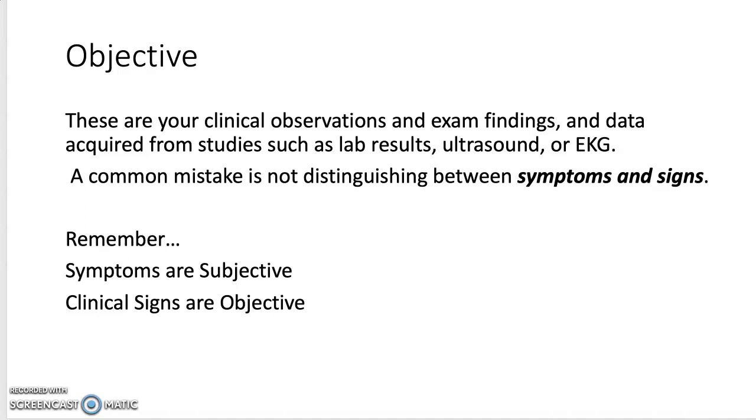An example of this is if a patient is stating he has stomach pain, which is a symptom and documented under the subjective heading, versus abdominal tenderness to palpation, which is an objective sign and should be documented under the objective heading. So remember, symptoms are subjective and clinical signs are objective.